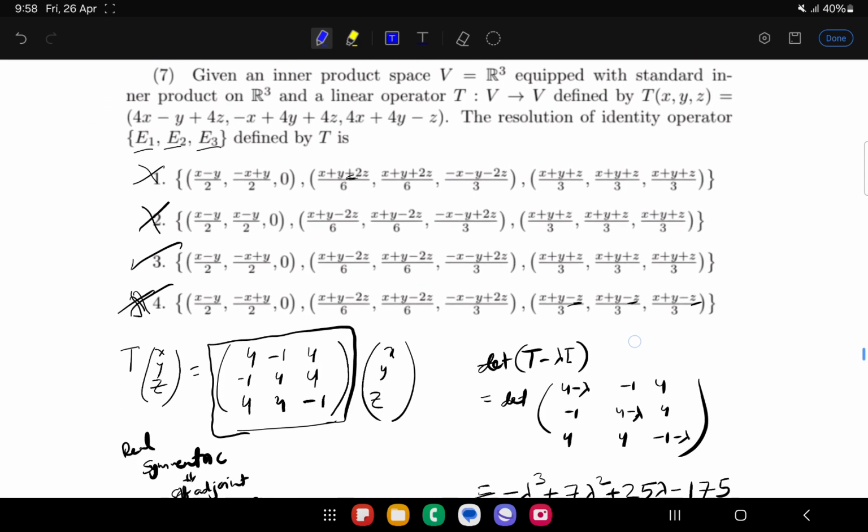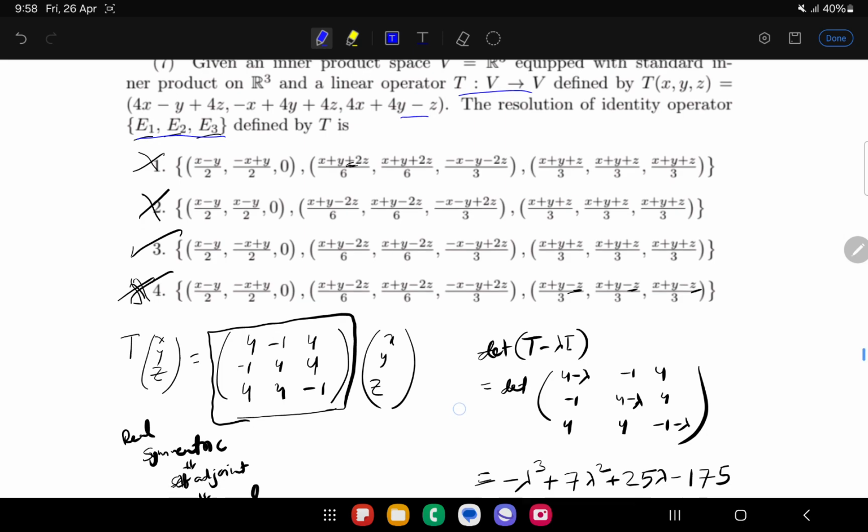For question 7, given an inner product space V which is R3, standard inner product on R3, linear operator is given by this, then the resolution of identity operator E1, E2, E3 is defined by.